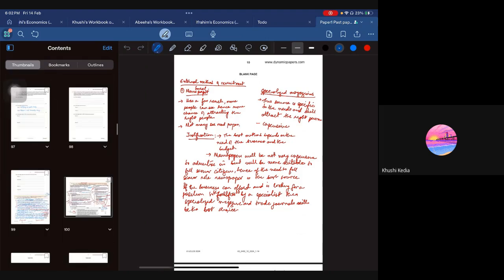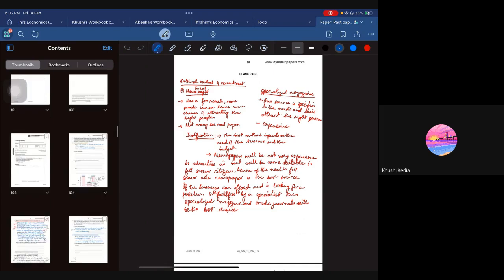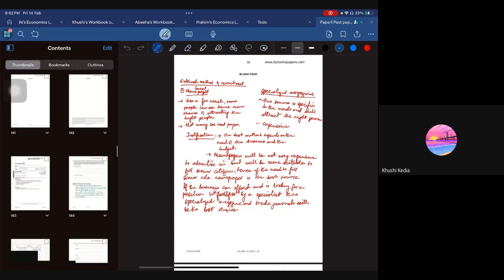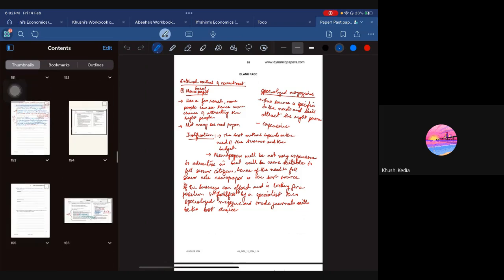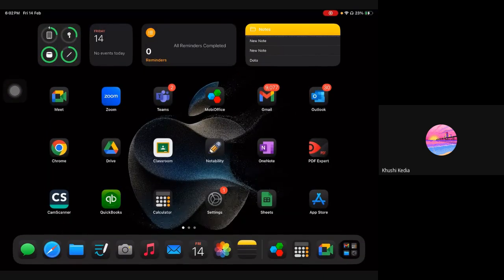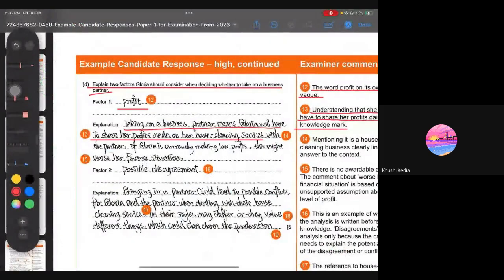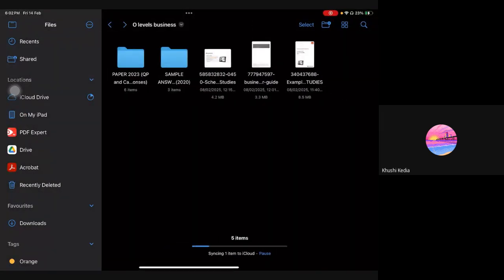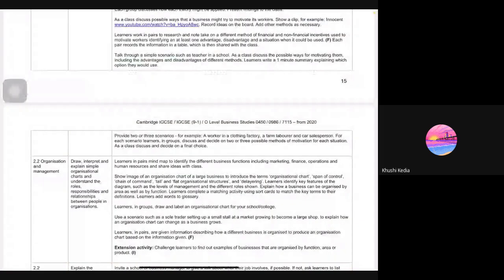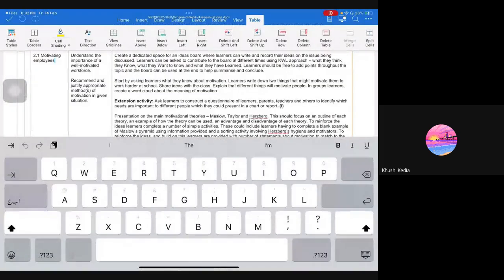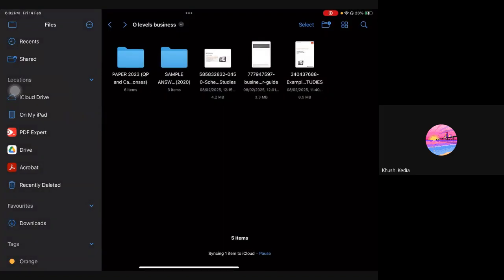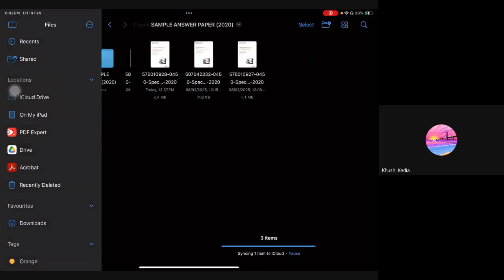I remember it was, I guess, somewhere here in the files. Let me just check. I was discussing the scheme of, no, not the scheme of studies, the sample answers.